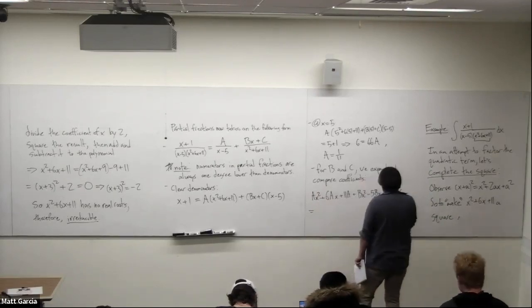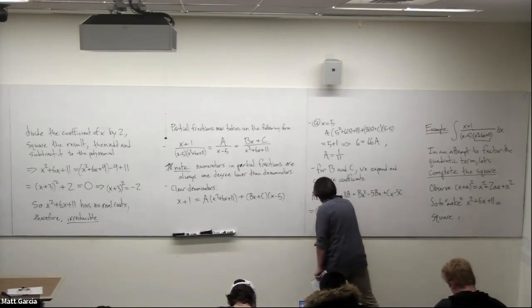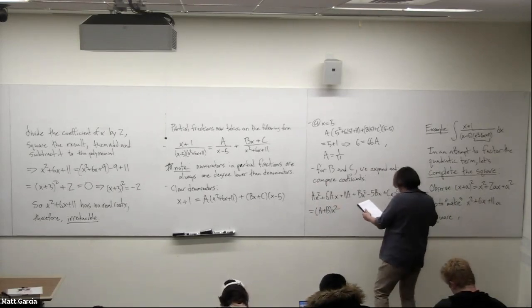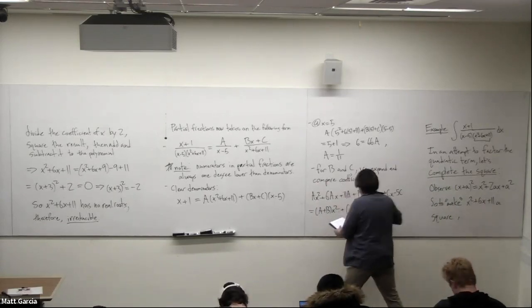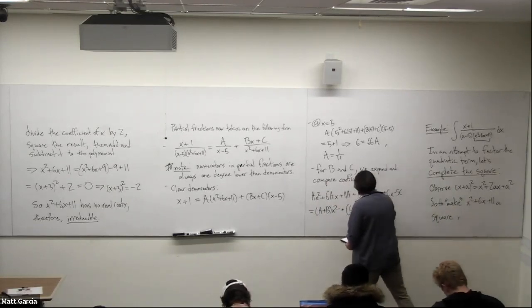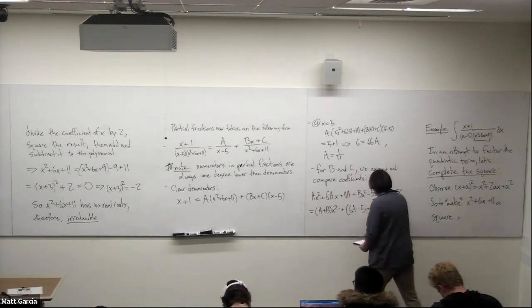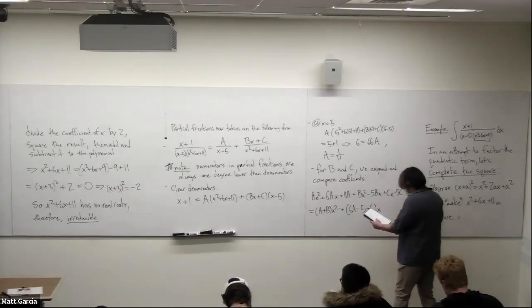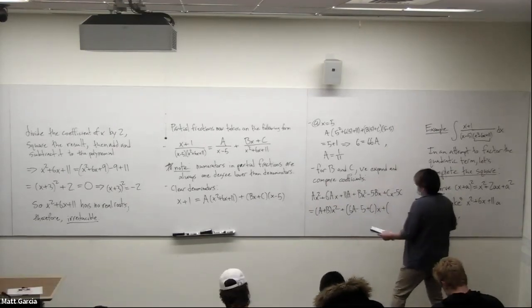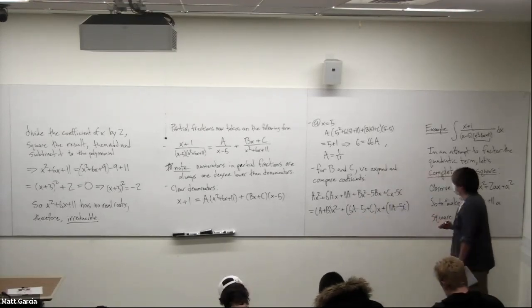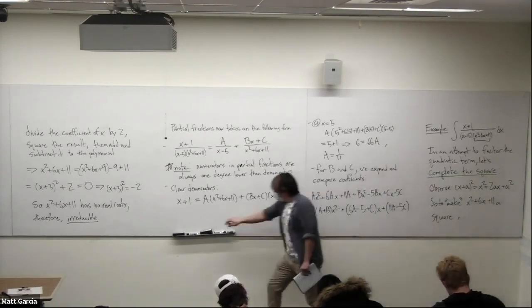Just cleaning this up a bit, combining like terms, what do I get? I get (A plus B) x squared, right? Combining the x squared terms. Plus (6A minus 5B plus C) x, plus the constant terms 11A minus 5C.